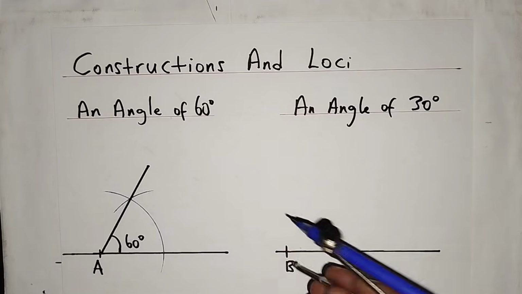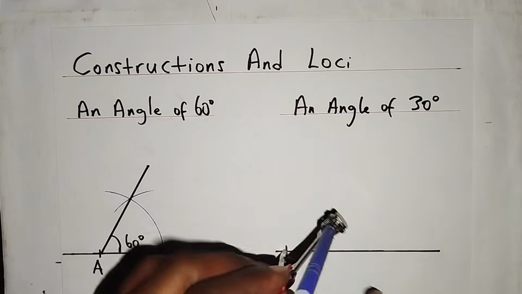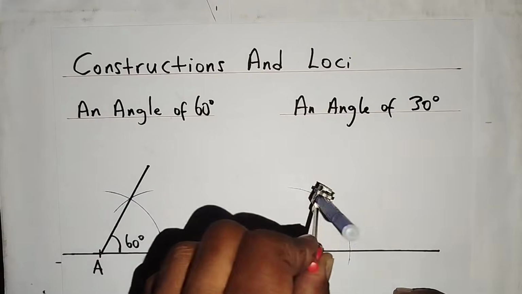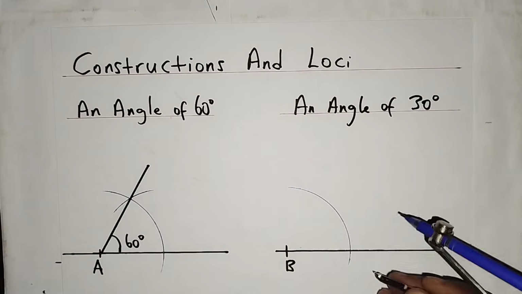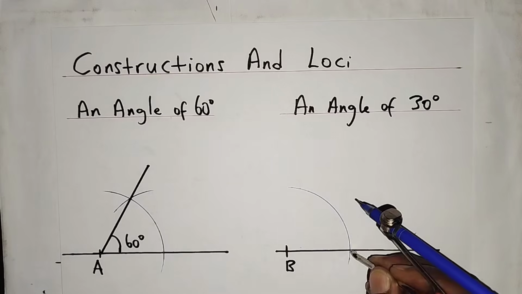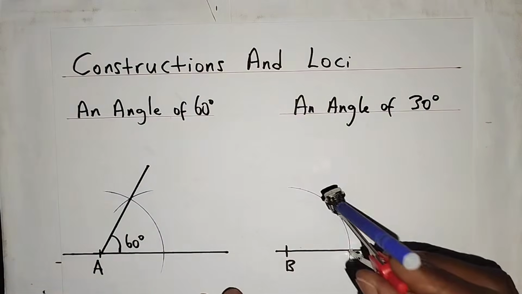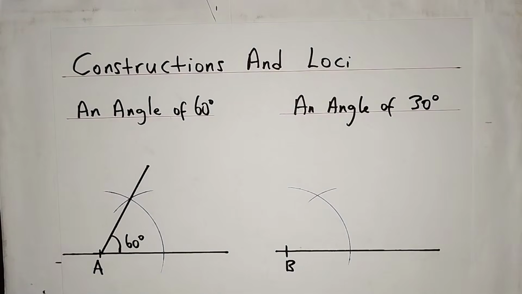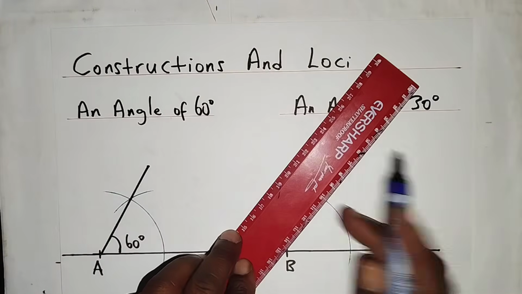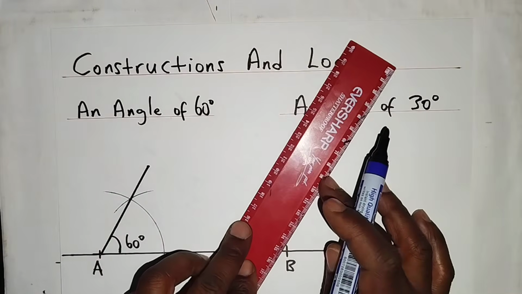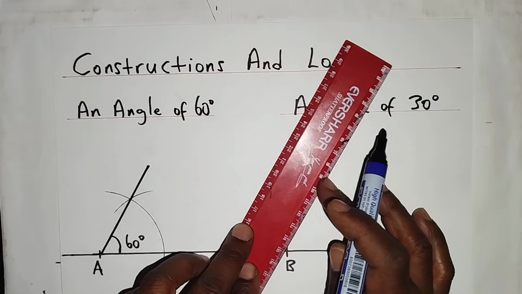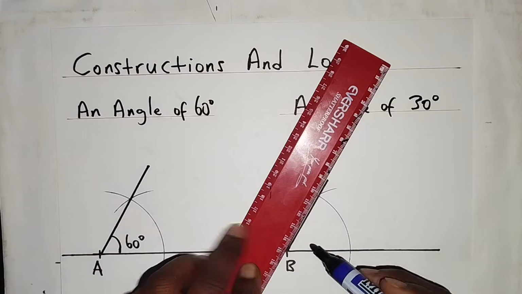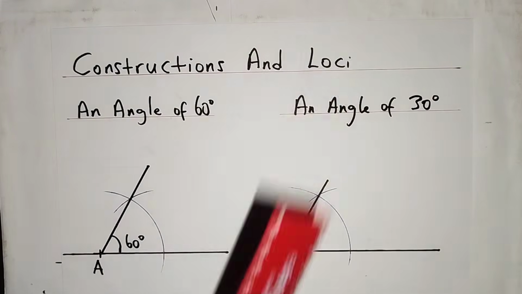So now with B as my center, as I showed you in the previous construction, draw an arc which cuts this line, and with this point of intersection of the arc and this line as my center, I'll draw an arc which cuts the previous arc here, and then from B right through the point of intersection of the two arcs, I'll draw a line. Okay, so now it's an angle of 60 degrees.